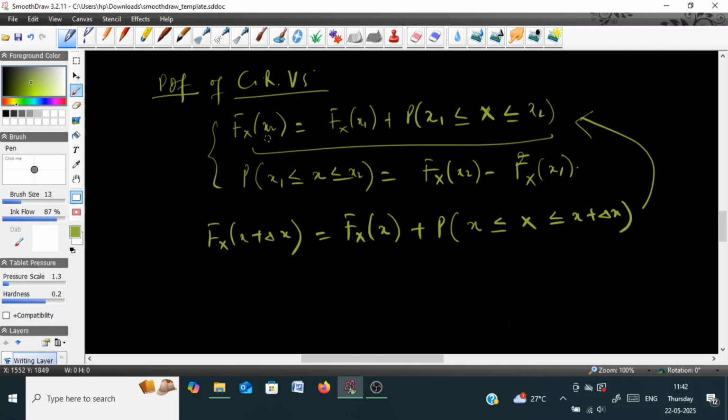The only thing is that x2 has been replaced with x plus delta x. Okay, and of course x1 is taken as x and x2 is taken as x plus delta x, otherwise you have the same equation.